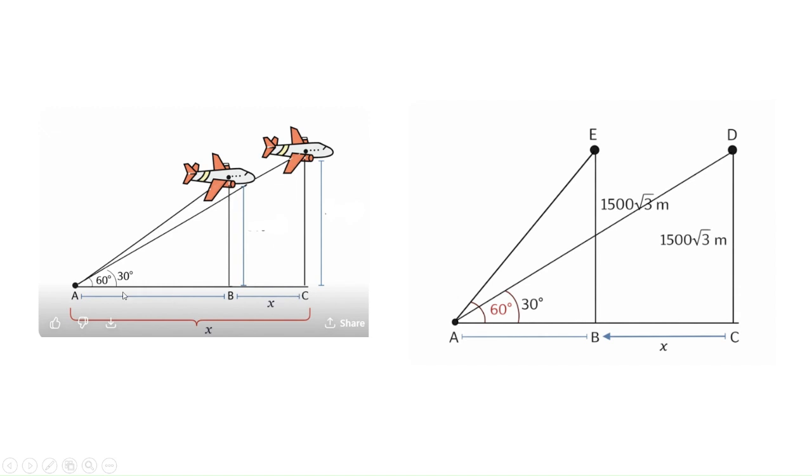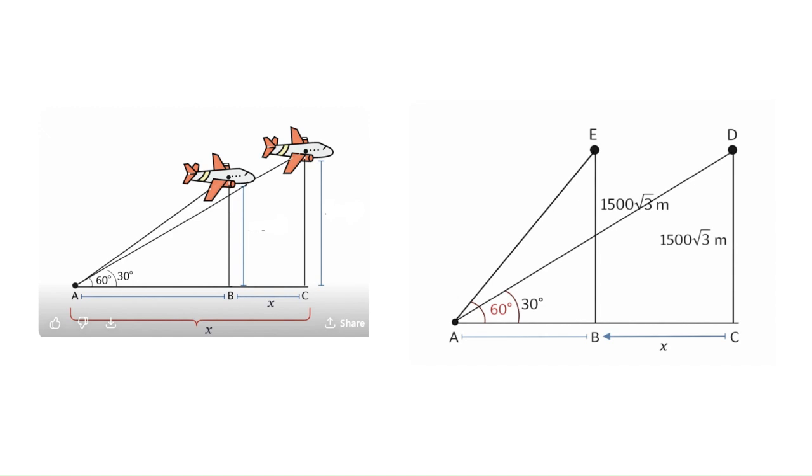The initial distance to the point is not given, but we need this BC, because after the observation from point A, it traveled for 15 seconds. In order to find the speed of the jet plane, we need this distance. If we understand this point, our calculation becomes very easy when we use some simple trigonometric ratios.